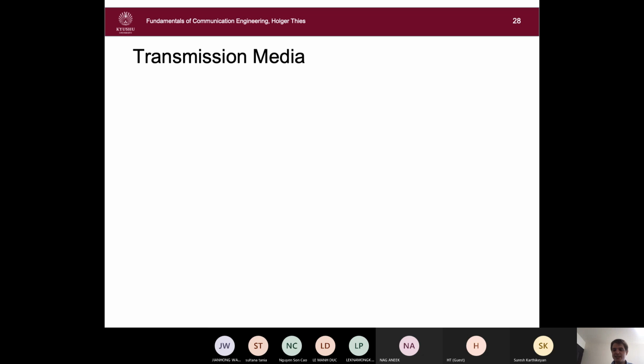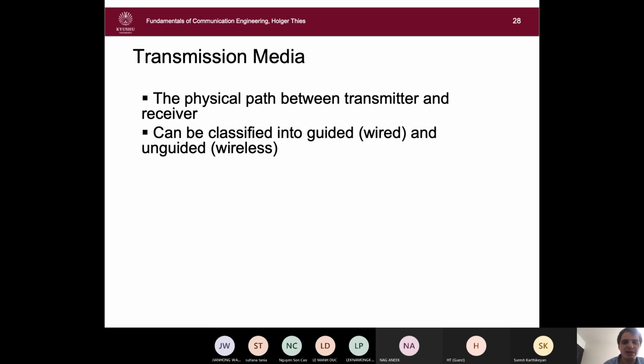Okay, one last thing we want to talk about in today's lecture, before we also talk a little bit about history at the end. One last hard fact about communication is how the channel is actually made: the transmission media, so the physical path between transmitter and receiver.